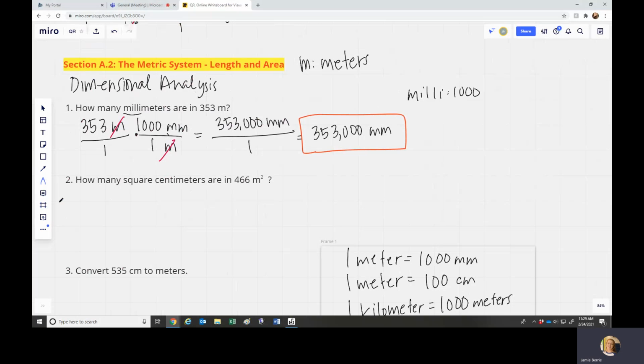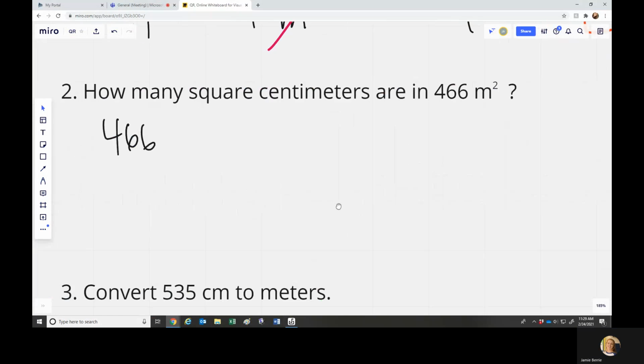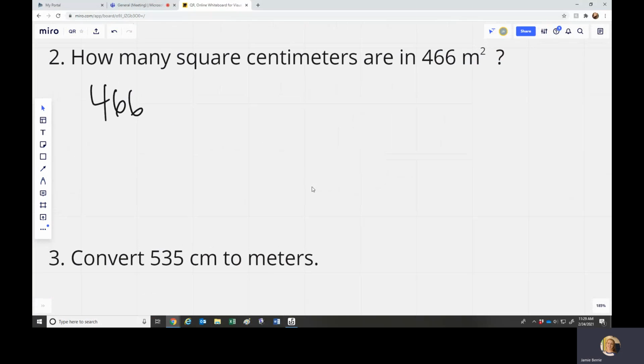All right, now we're coming to one that we haven't done before. It says, how many square centimeters are in 466 meters squared? So we're starting off with 466 meters squared over 1.